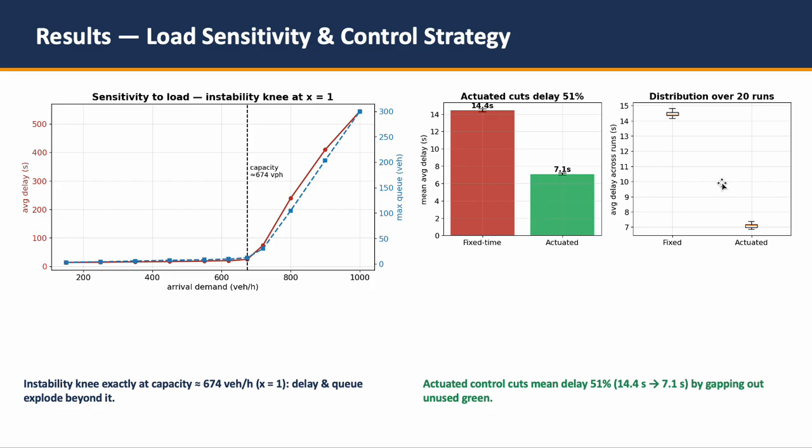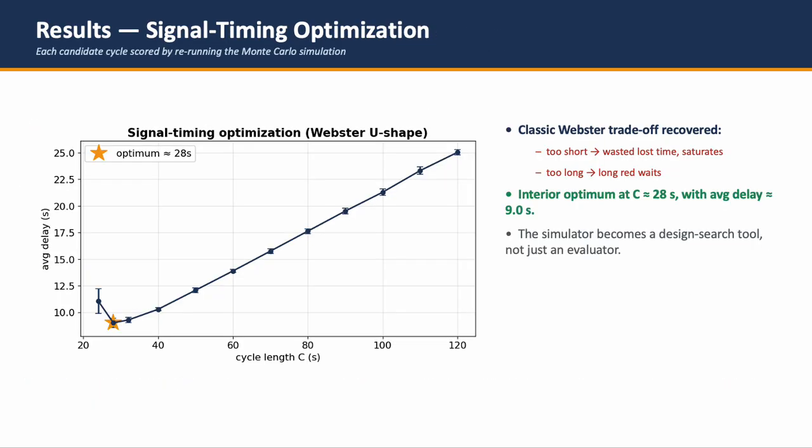That's a 51% reduction, purely from a smarter strategy with no new infrastructure. And the box plot shows it's consistent across all 20 runs. It's not luck.